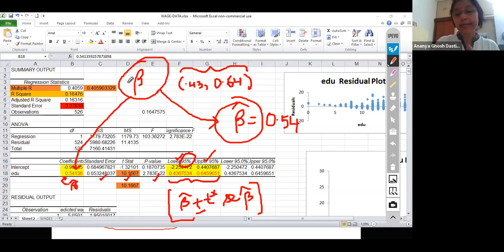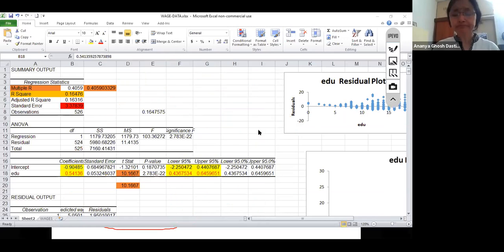Having hopefully clarified the concept of a confidence interval, I would now like to go to Stata and run the same regression. So I would like you to note some features. Look at the slope coefficient 0.54, intercept minus 0.9, R squared 0.164, and so on, right? So let's see that we get exactly the same results in Stata.